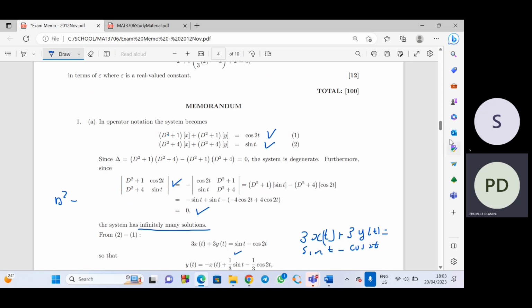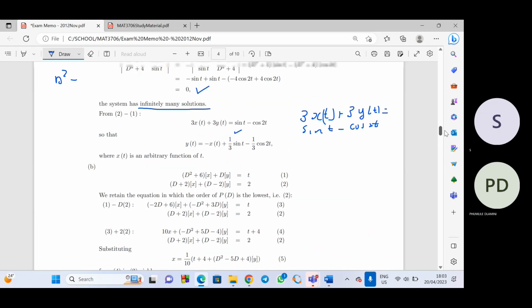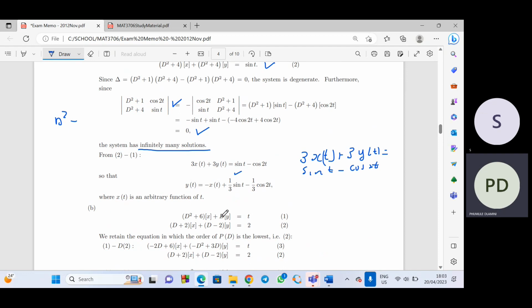So now when you have this equation, you're going to go again to the second equation. So this one here, if we make y the subject of the formula, your y of t is going to be equal to, you take everything to the other side.